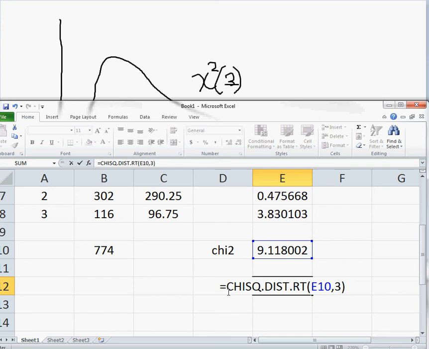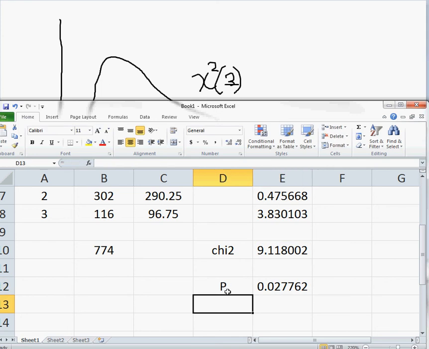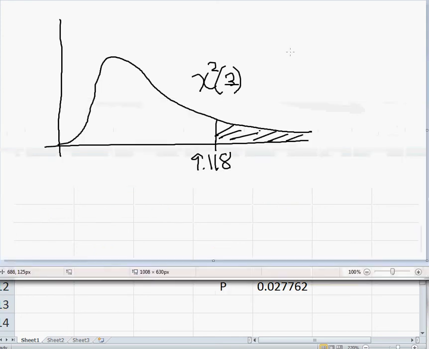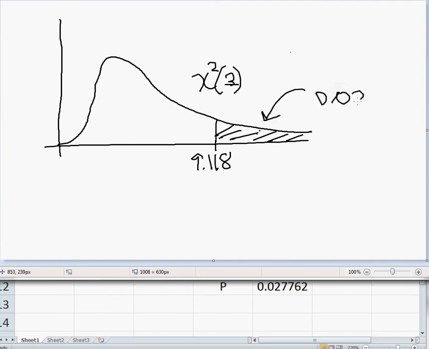There is an analogous command on a TI calculator, and so we get 0.0277. So I get a p-value, the area here, of 0.02776. That number is less than 5%, and so we will end up rejecting the null hypothesis.